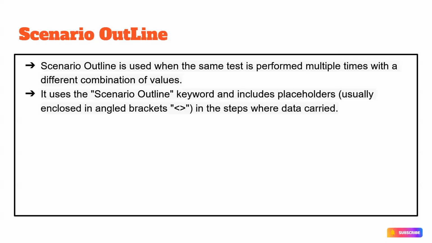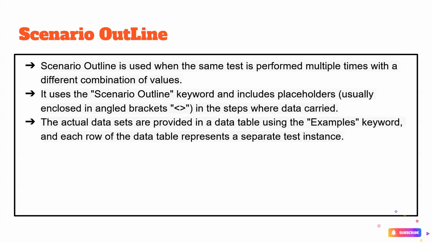It uses the Scenario Outline keyword. There is a Scenario Outline keyword in Gherkin in the feature file. When we are passing different types of data to the scenario outline, that data will be enclosed in the less-than and greater-than symbols. Inside these we pass a variable name to carry the data, that means the name of the data.